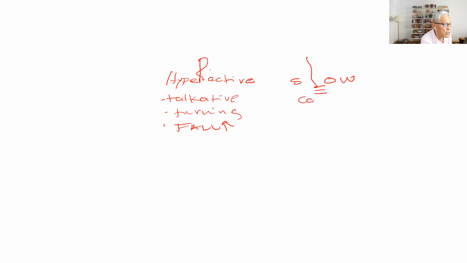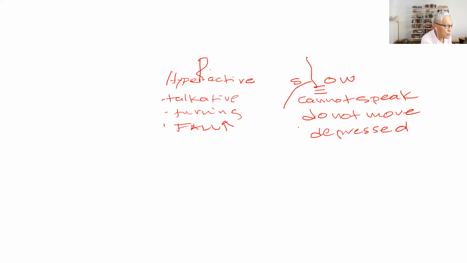Slow, they cannot speak. They hardly move. And they could be depressed because it's slow. All right. So patients who have a right hemispheric stroke are also going to have left hemiplegia.